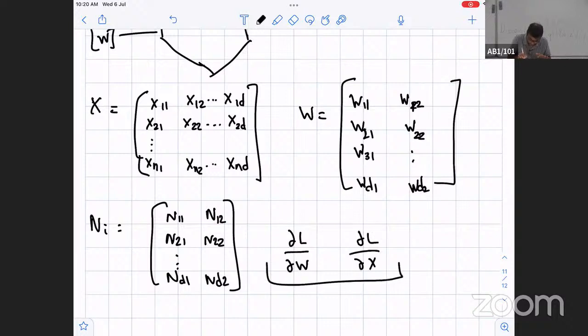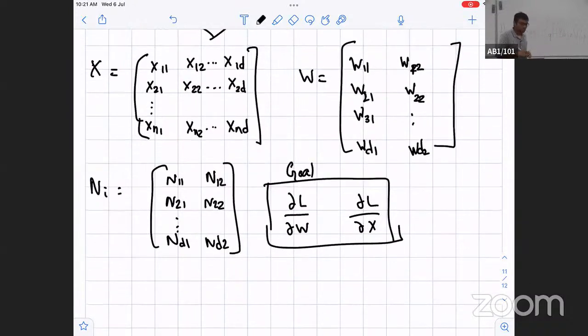So this is the goal, right? We need to compute this. Okay, so let's get started. So dL by dX, dL by dW. How many parameters W are there? You have it here. So how many are there? 2D parameters are there, correct?